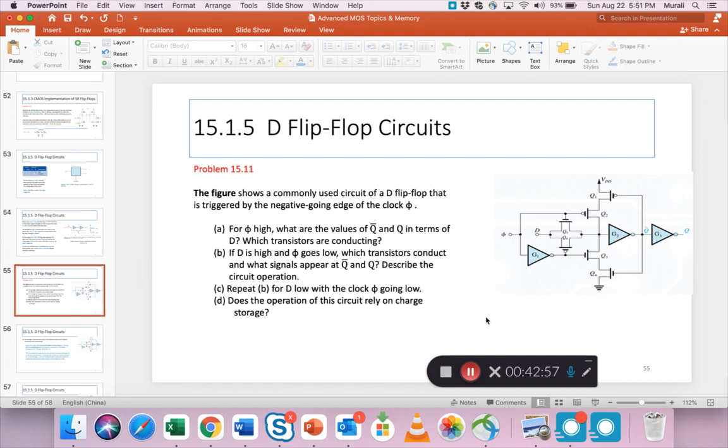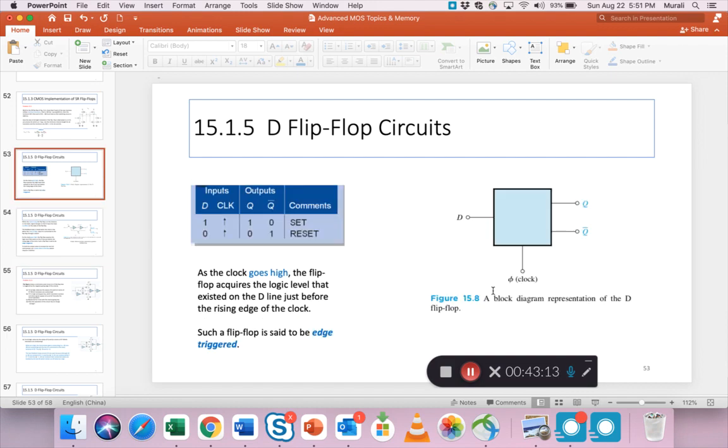So previously we have seen the D flip-flop, it works on the rising edge of the clock, right? This works on the falling edge of the clock. Other than that, there's no difference. The truth table is pretty much like this, is what we have to implement. But instead of the clock showing rising, you can think of it as showing falling.